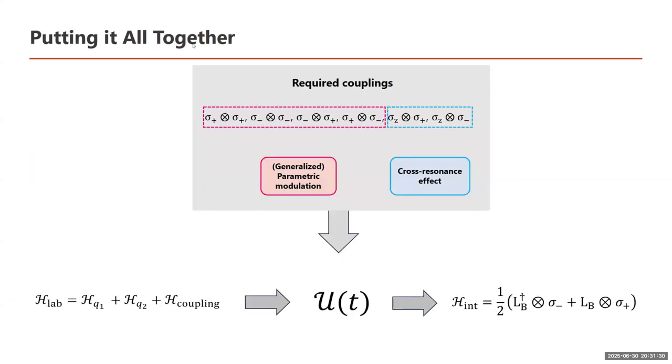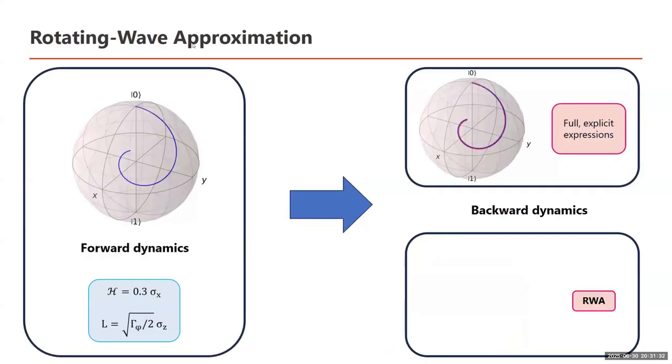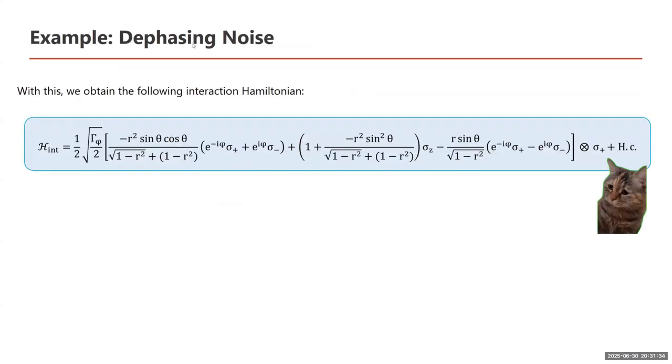So the question was whether we need to use different techniques to make this interaction Hamiltonian for each platform, and it is right.